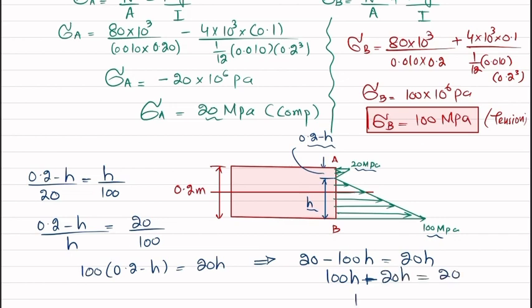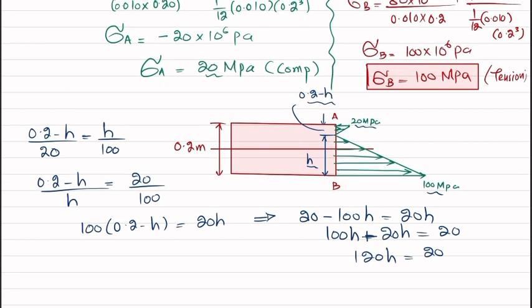It means that 120h will be equal to 20, and h will be equal to 20 divided by 120. So h will be equal to 1 over 6 meter, which is 0.16667 meter.